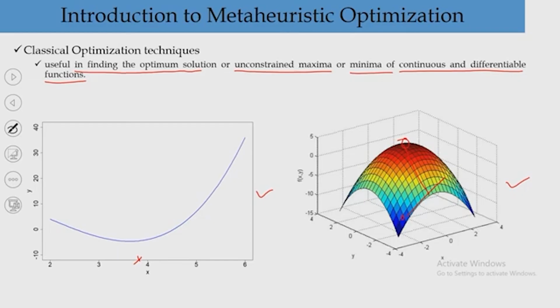So, these are simple problems, and I can say these problems are convex problems. Therefore, if we apply the classical optimization method, you will be able to find the optimal solution of these problems. There is no need to apply any other algorithms, because the classical algorithms are capable of solving these problems.